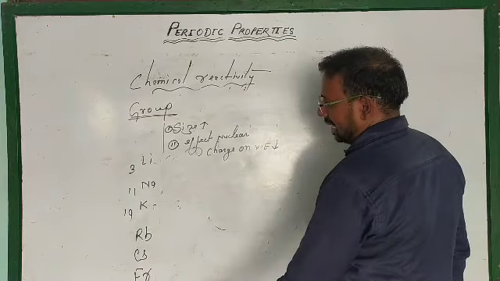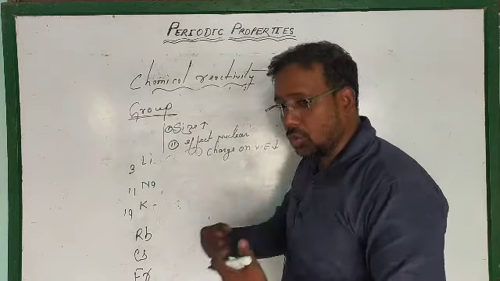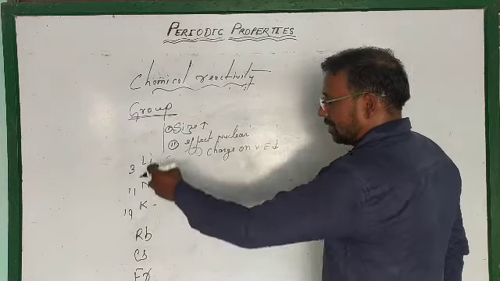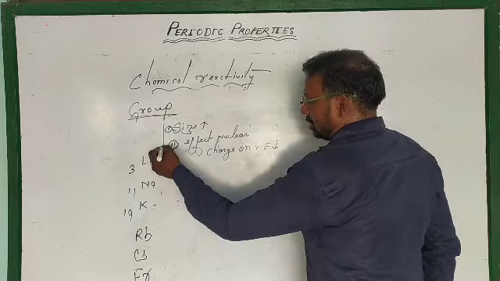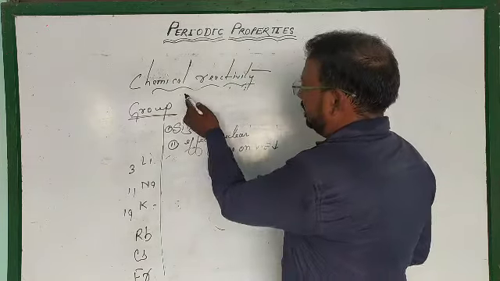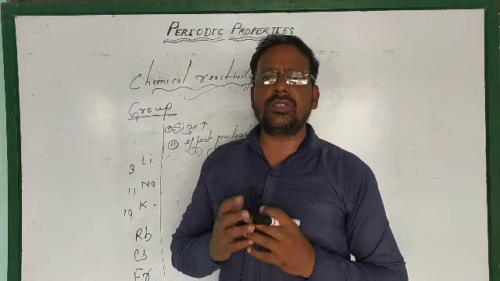So you can say that the metallic property, meaning losing electrons, also increases when we are moving in a group from top to bottom. And you can also say reactivity, chemical reactivity. What is a reaction?